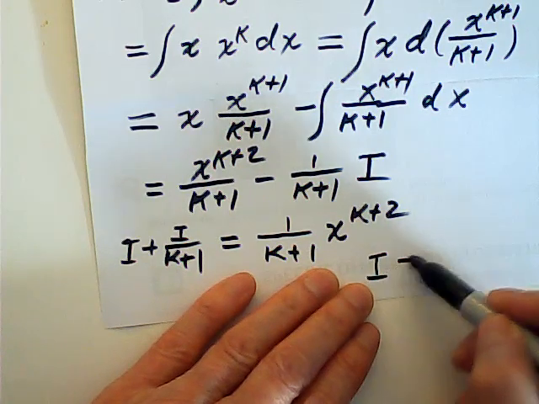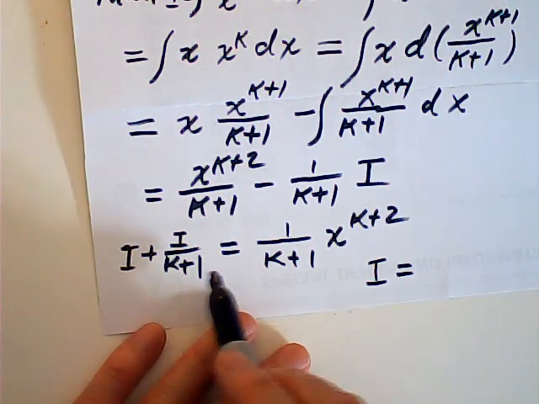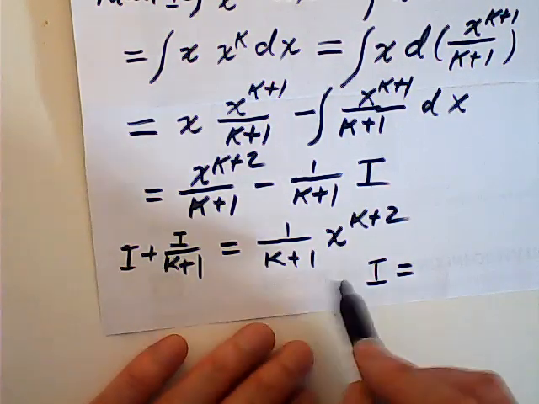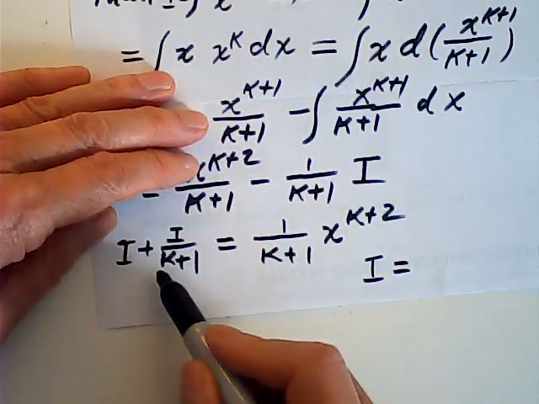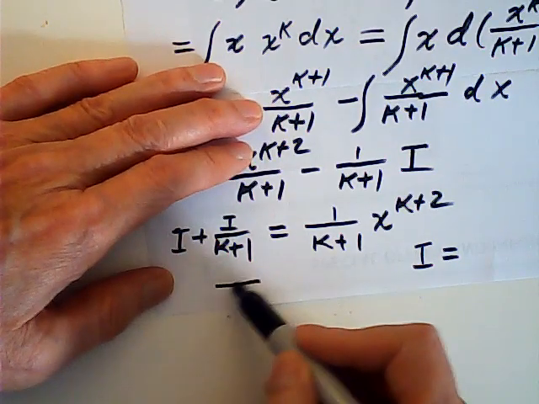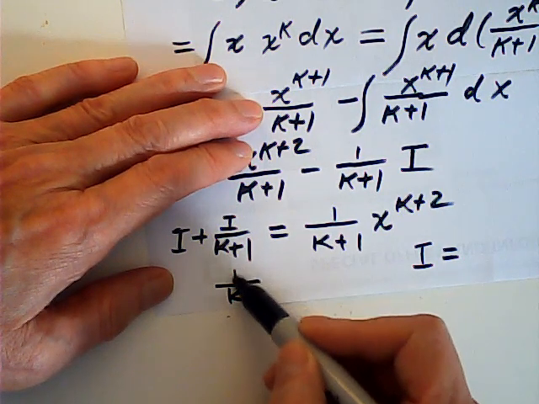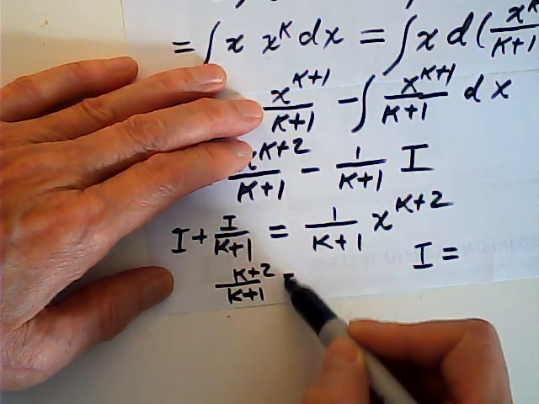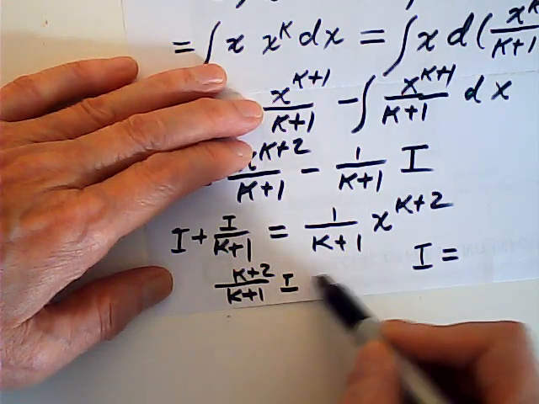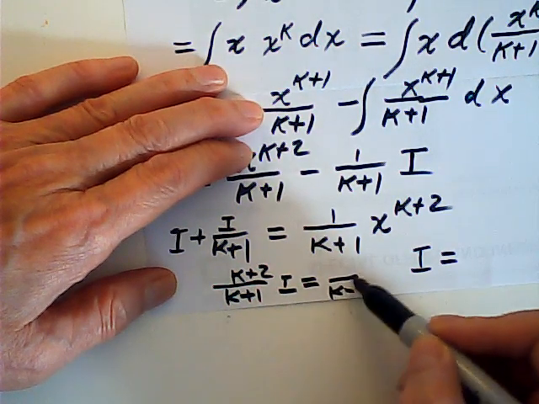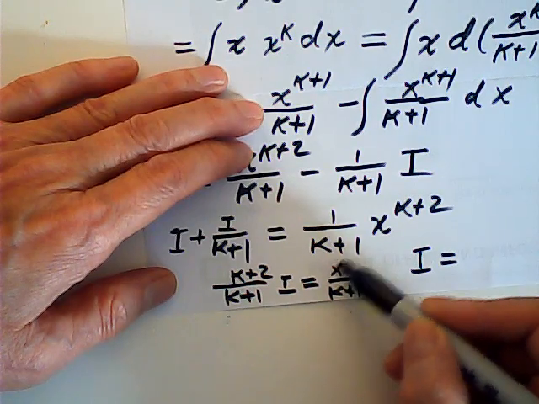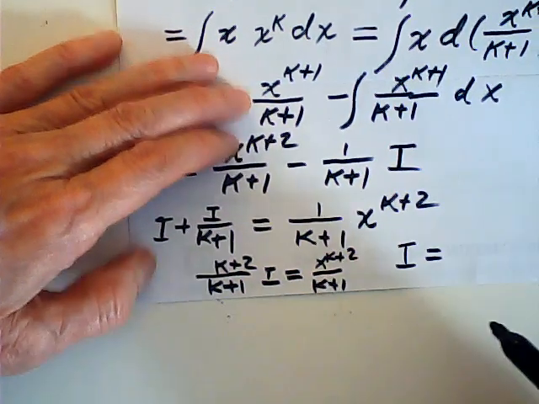Then multiply by this one. Then this will be k plus 1, this k plus 2, I, right, is equal to x to the power of k plus 2.